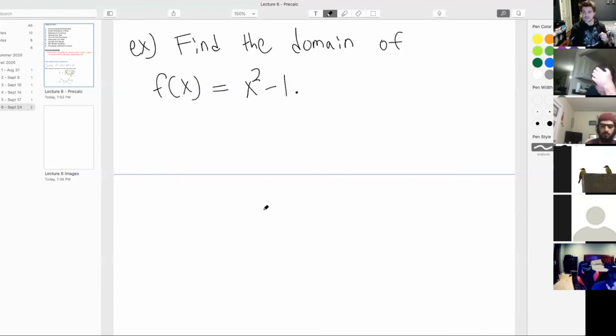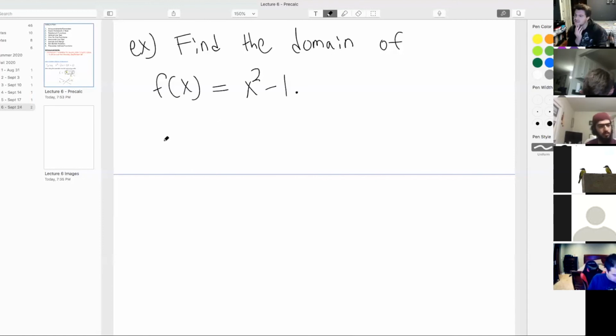Can we ever divide by 0 or take the square root of a negative number with x squared minus 1? No, because we're not dividing anything and there are no square roots. So the domain is all real numbers. There are no restrictions. Any number is permissible to plug into this function.